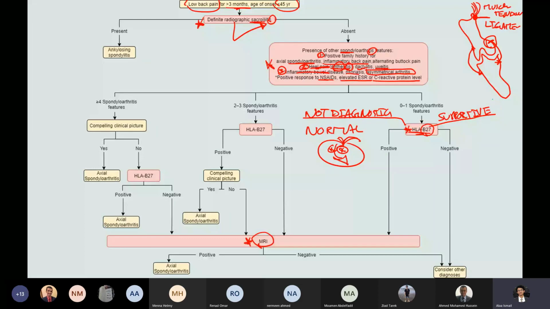Now, after knowing all these major ideas, we're going to try to connect these ideas in a way that makes sense to reach a firm diagnosis for this patient. Okay, so we have 4 stones: the definite radiographic sacroiliitis.